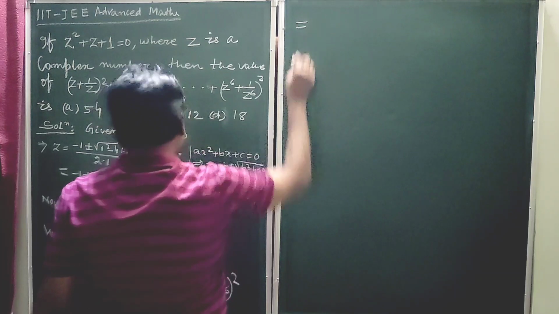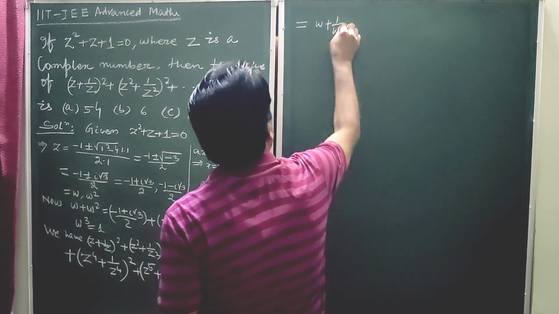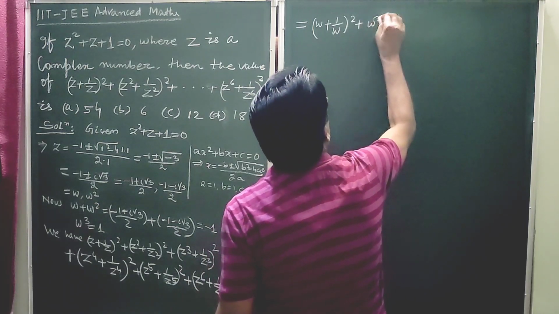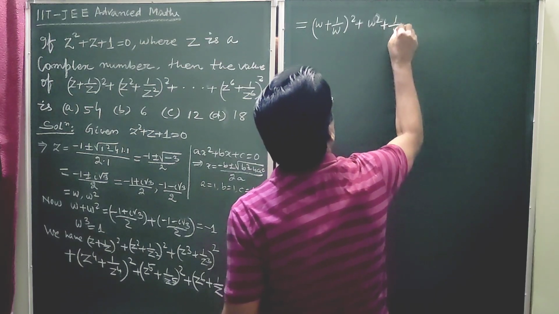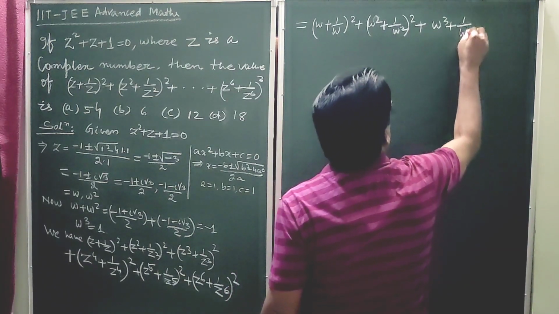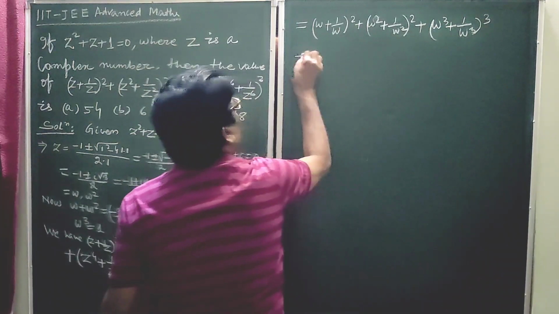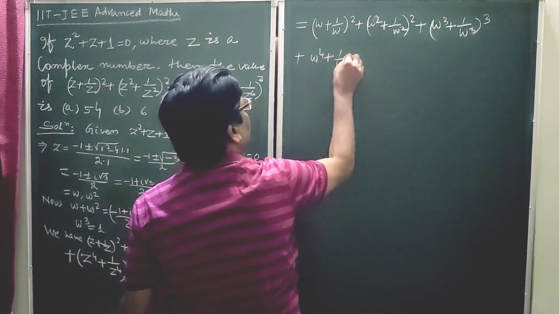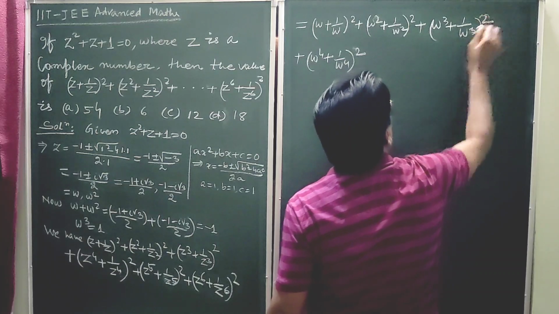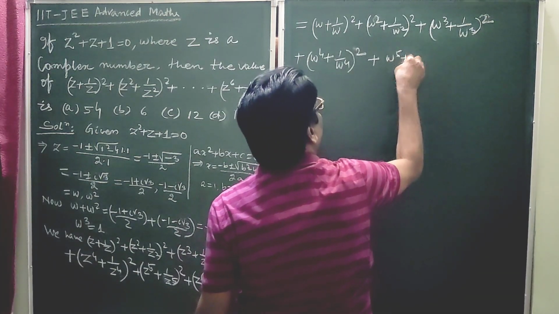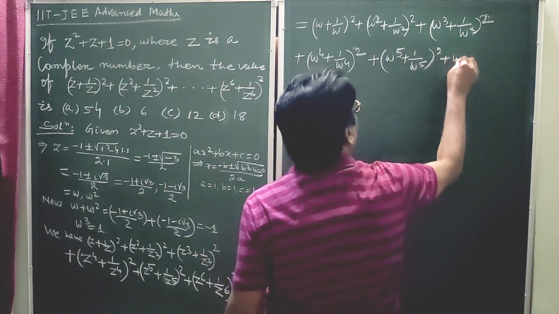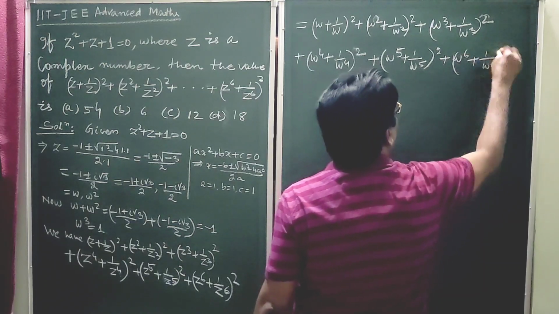So this is equals to (omega plus 1 by omega) whole square plus (omega square plus 1 by omega square) whole square plus (omega cube plus 1 by omega cube) whole square plus (omega to the power 4 plus 1 by omega to the power 4) whole square plus (omega to the power 5 plus 1 by omega to the power 5) whole square plus (omega to the power 6 plus 1 by omega to the power 6) whole square.